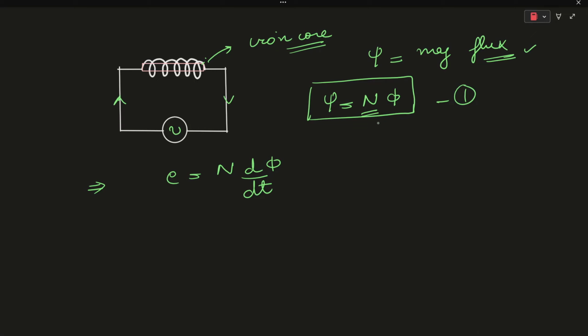Also, psi is equal to L into I, where I is the current flowing through this inductor.